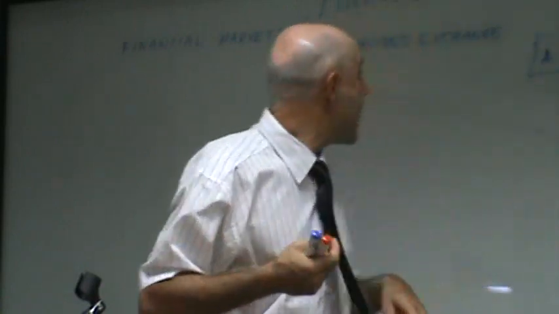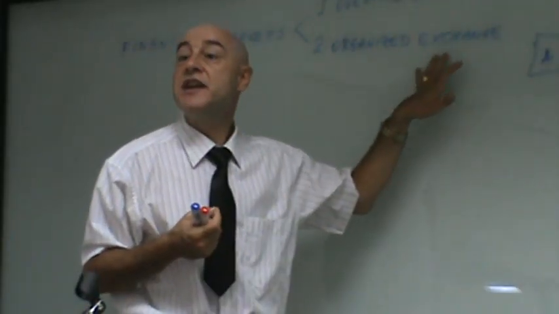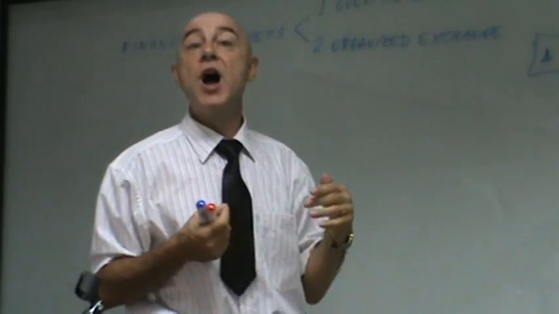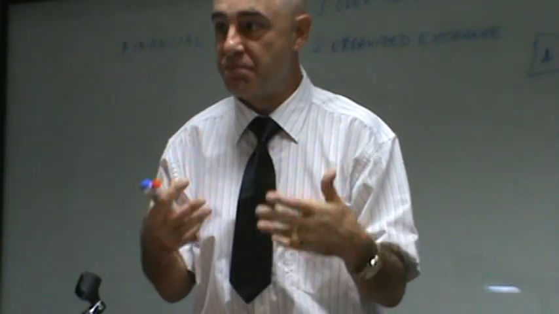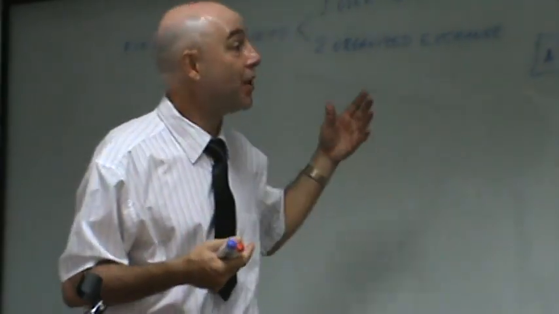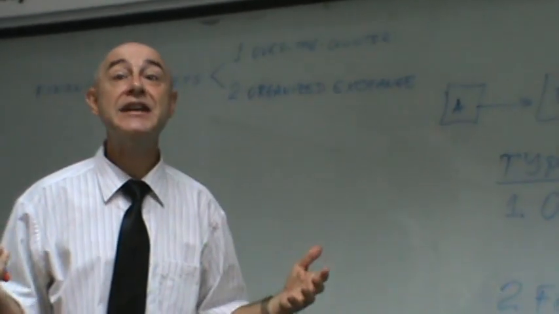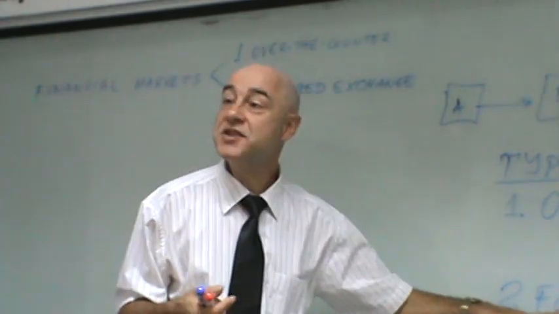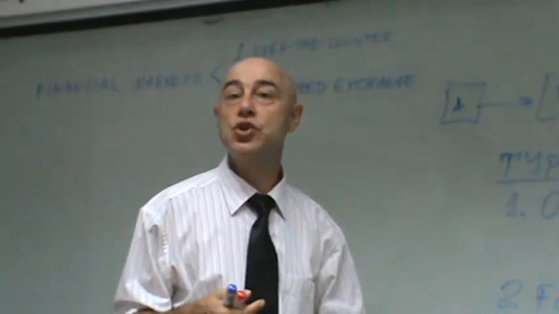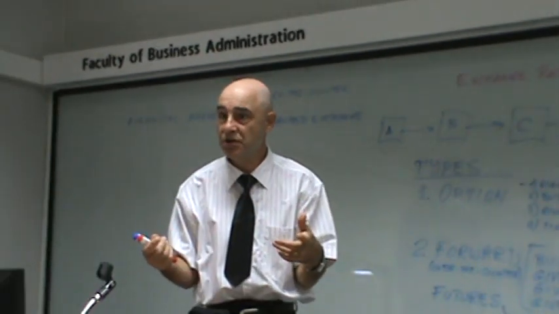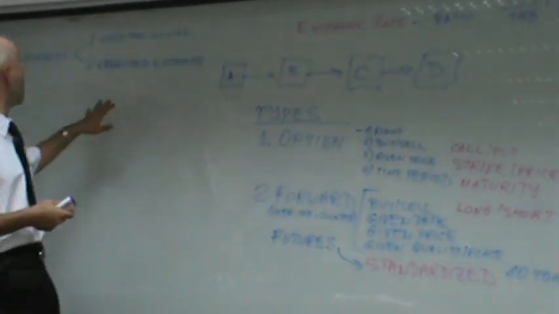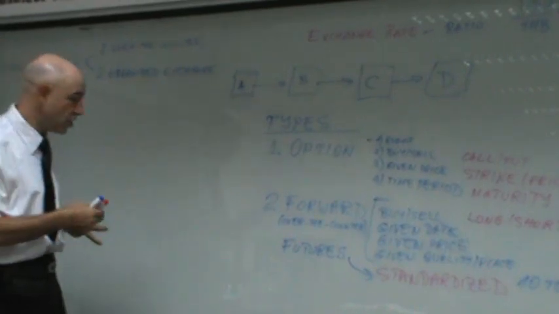And organized exchange is actually an institution itself, which is set up for the purpose of trading particular financial instruments. So, forwards are traded over the counter, usually between banks and corporations. And futures are traded on organized exchanges.